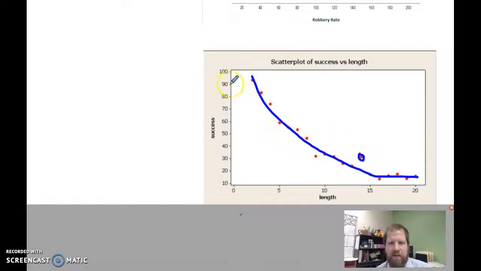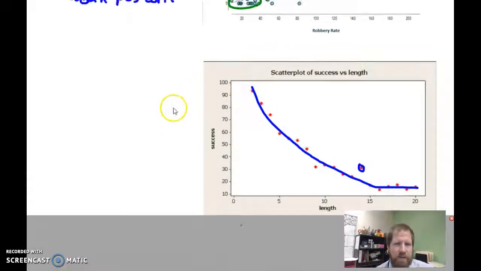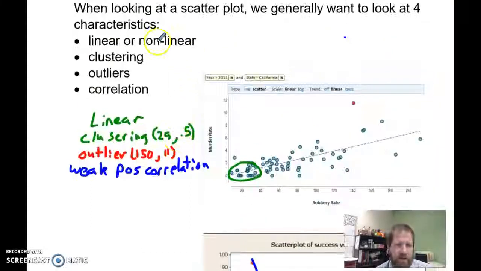And then lastly, correlation. Well, we do have negative correlation. As the length increases, success drops. All right, so we've got negative correlation, but I would say we have very strong correlation. Okay, it's really close to that curve. All right, so that's what you're going to be doing for these questions, just identifying some things about your graphs, looking for the type of curve, linear and non-linear, clustering, outliers, and correlation.